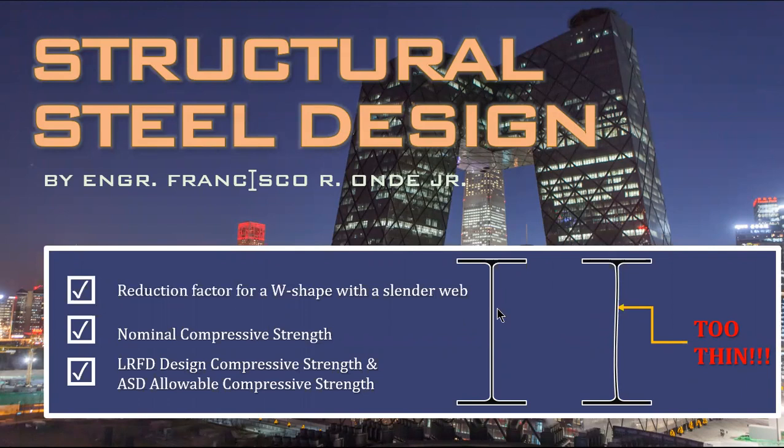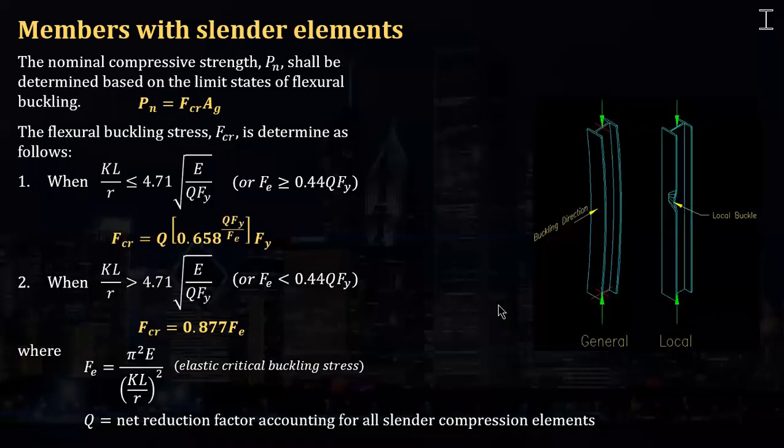Well, let's discuss this first. The nominal compressive strength, Pn, shall be determined based on this formula, Fcr times Ag, for a member with slender elements. And here we'll be involving Q in this limiting slenderness ratio for inelastic buckling.